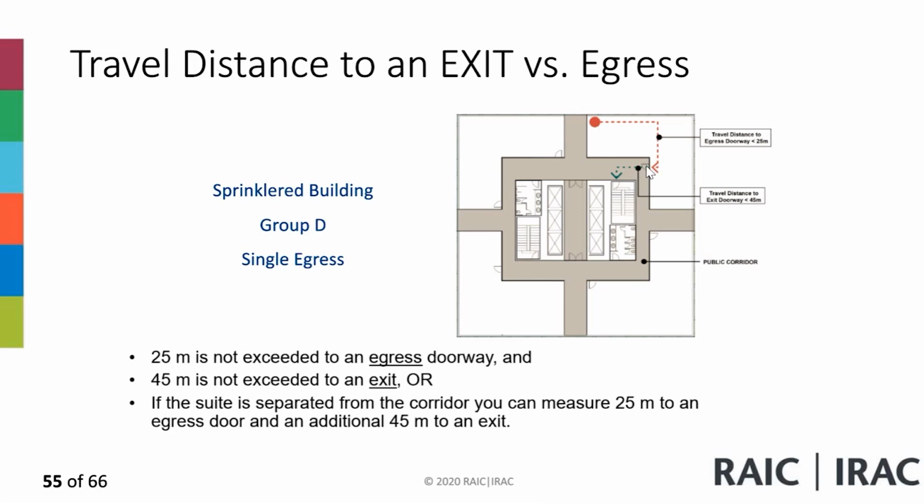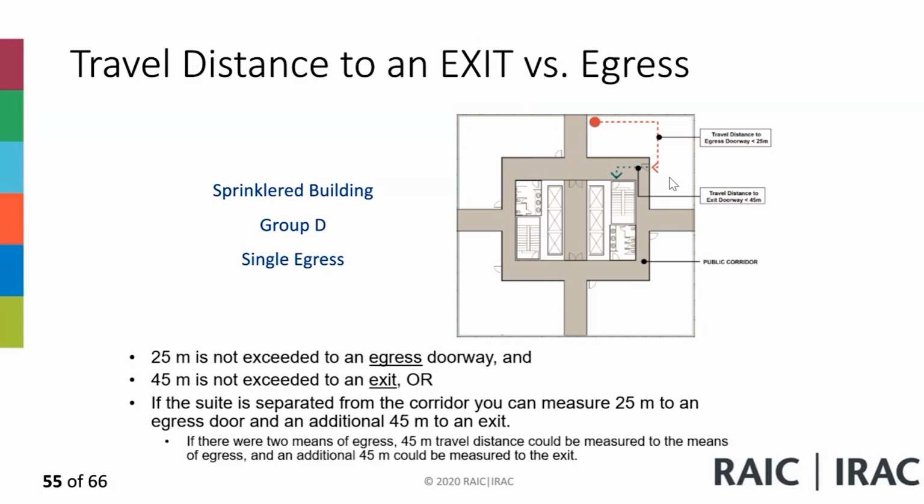And because you've got a separation of all the suites, all these suites must be separated from the corridor to be able to use the travel distance measured only from the corridor to the nearest exit stair. People forget that when you say the corridor is separated, the corridor is separated from all these suites, not just the suite that we are dealing with.